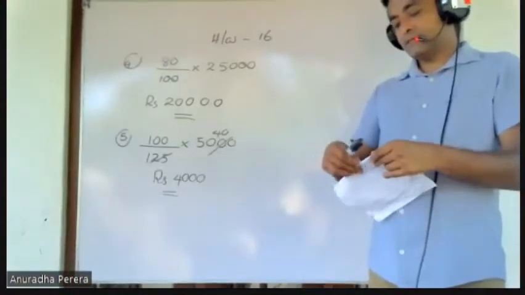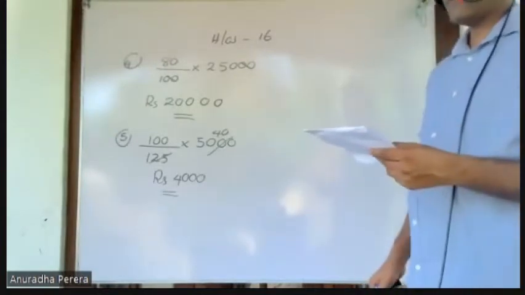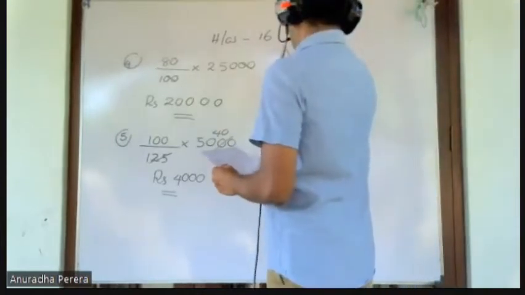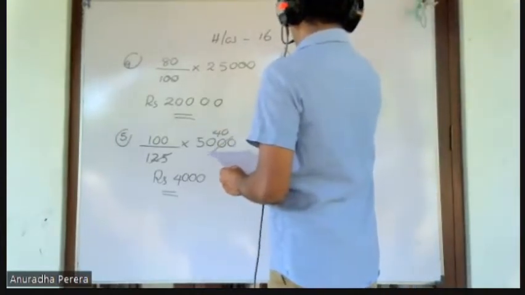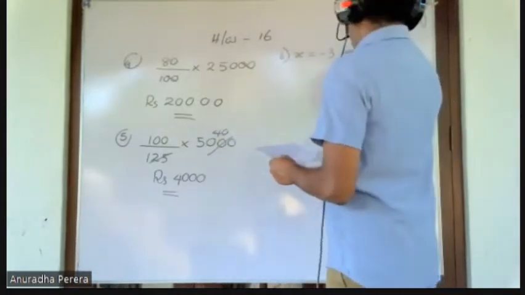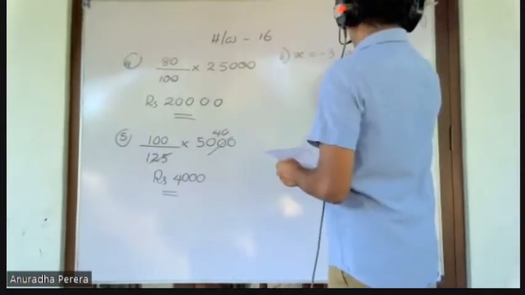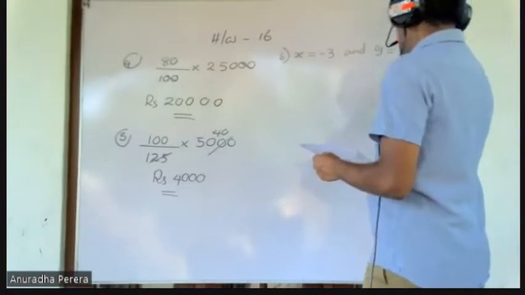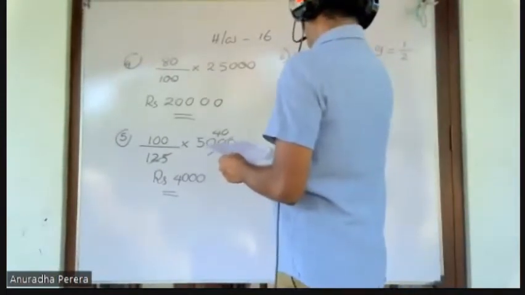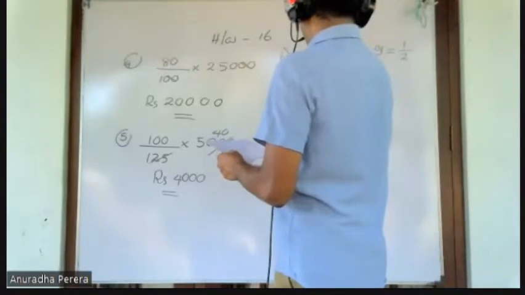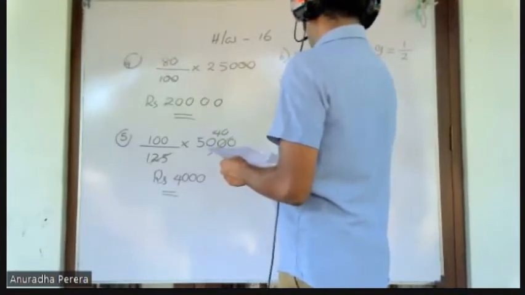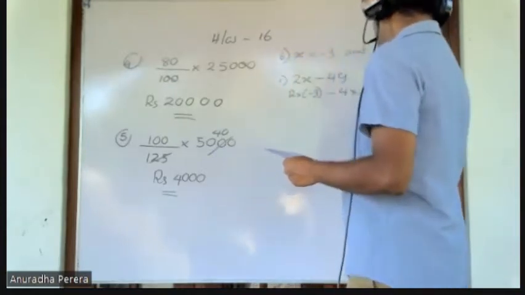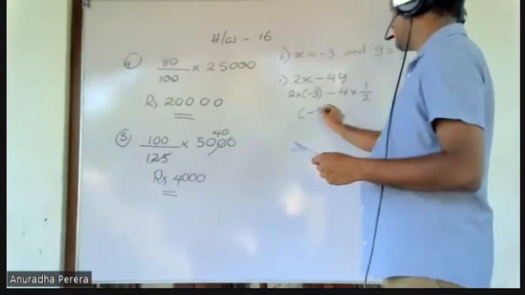Question number 6, substitution. Find the value of each of the following algebraic expressions when x equals -3 and y equals half. 2x minus 4y. 2 times -3, 4 times half. 2 into -3, -6.